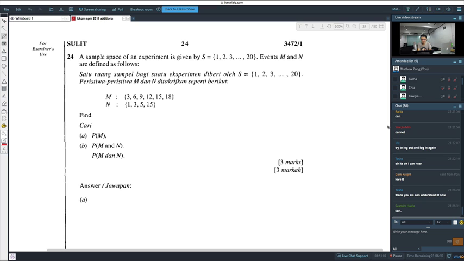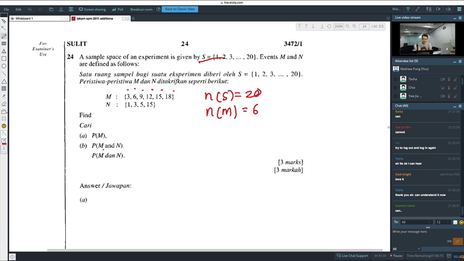Question 24. The sample space of the experiment is given by S. The sample space is total from 1 to 20, so the number of sample space is 20, because 1 to 20 you can count using your fingers. The number of M here, we have 1, 2, 3, 4, 5, 6, so 6.